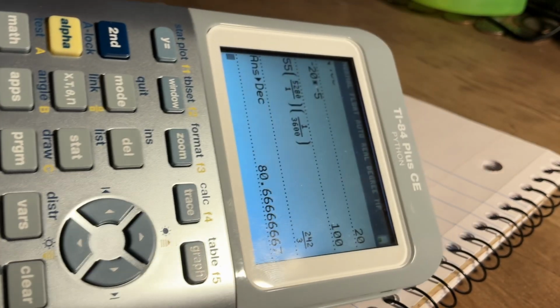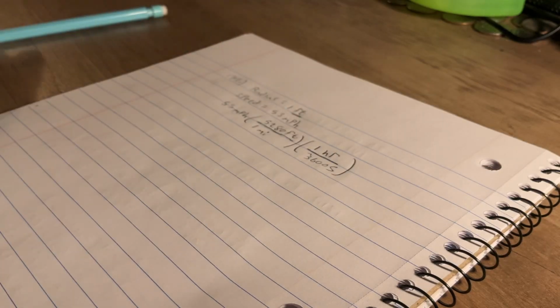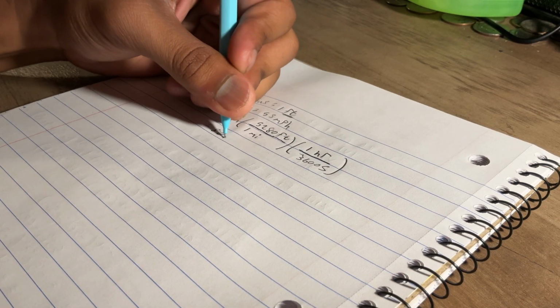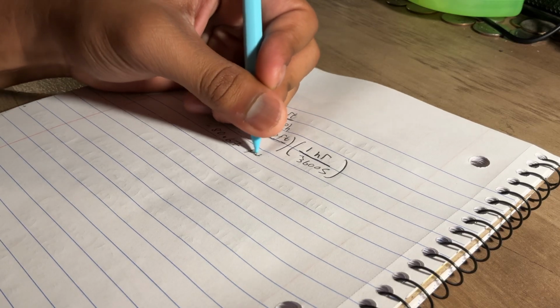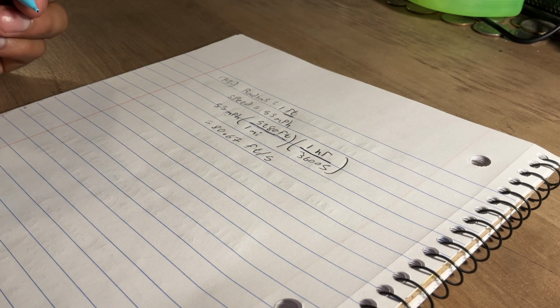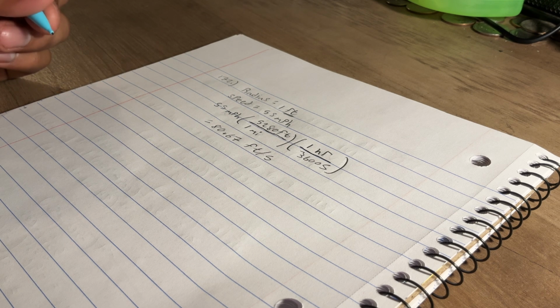Which is going to give you 80.6, and then you can round to 80.67 feet per second. So 80.67 feet per second is what I got for how fast the center of the tire moves.